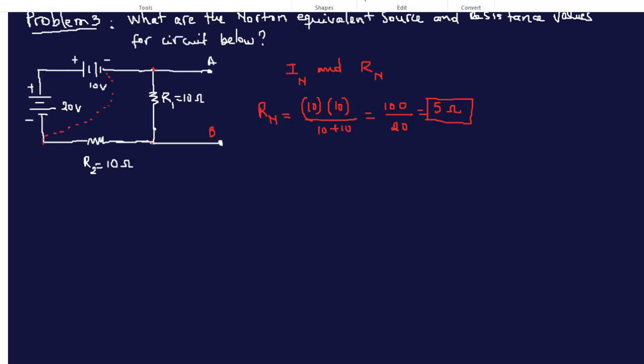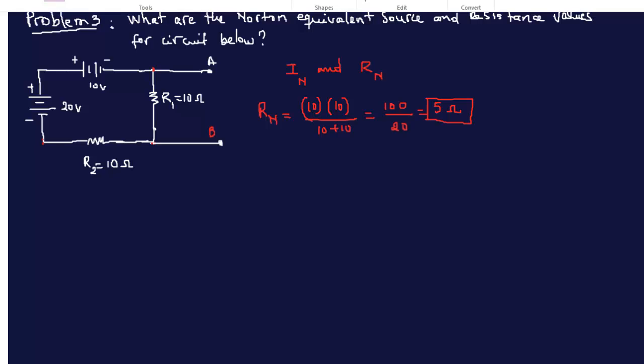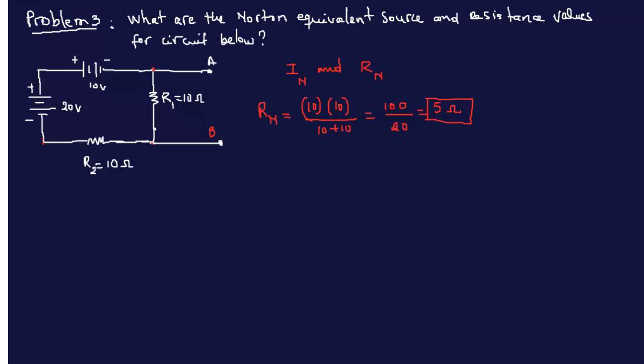So now we put the sources back together after we find our resistance. We turn the power on, short circuit the terminals, and apply KVL. So from a minus to plus, it's positive, so we have 20 volts.